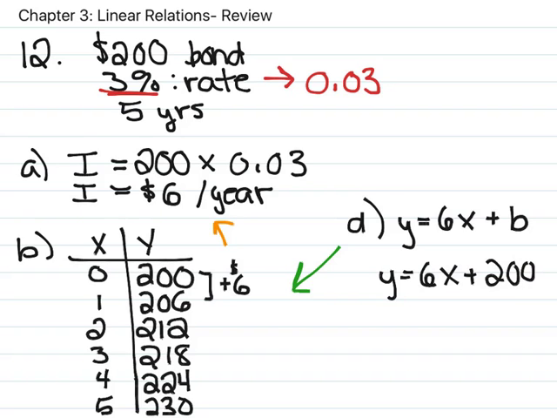Question 13 asks you to go back to question 7a and graph the lines. I'm going to assume that everybody can graph at this point. If not, you can follow the directions of the various graphs that I've drawn throughout this.